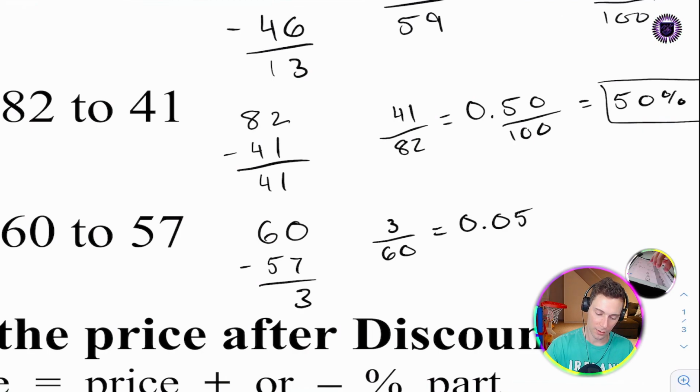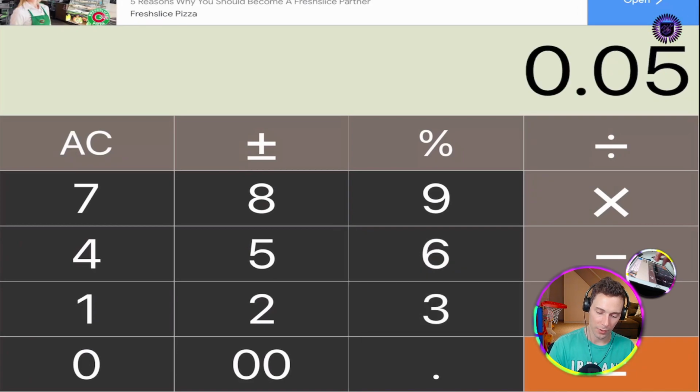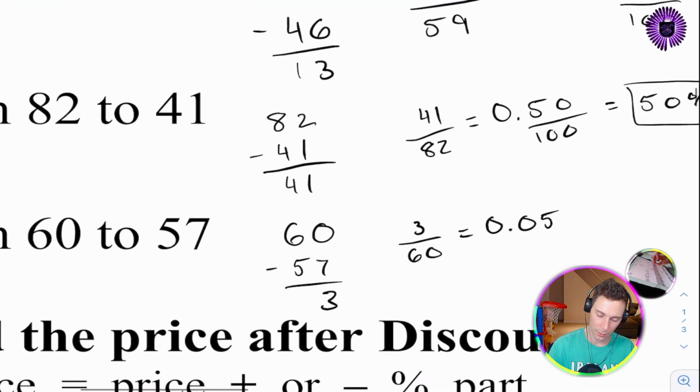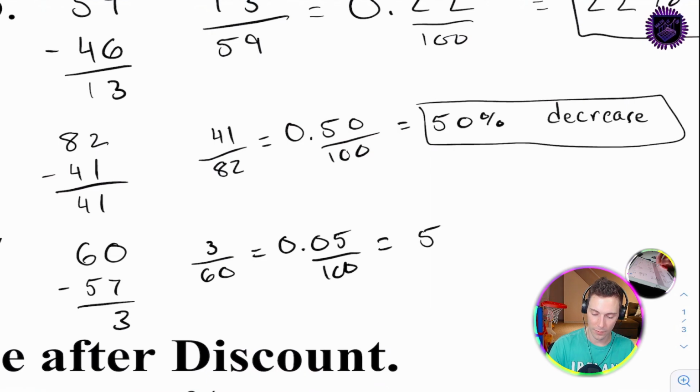I'll check my answer. 3 divided by 60 is equal to 0.05. I was correct. Hurrah! Then that over 100 is equal to 5%. Remember, you can just go 1, 2, 5%, right?